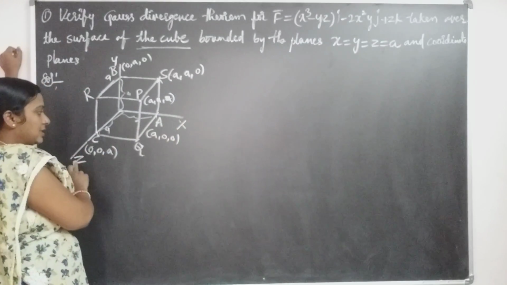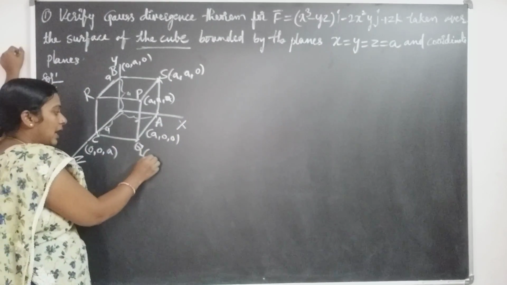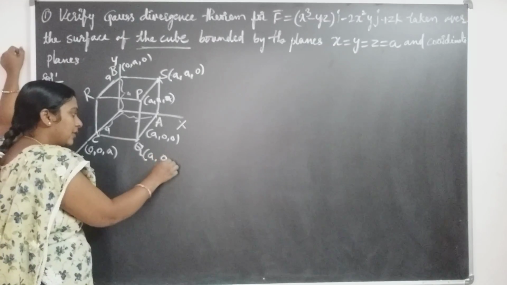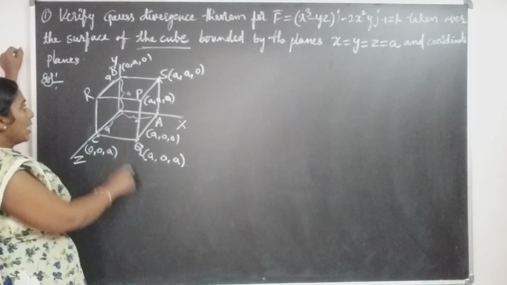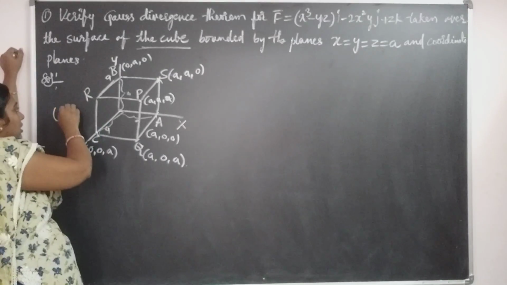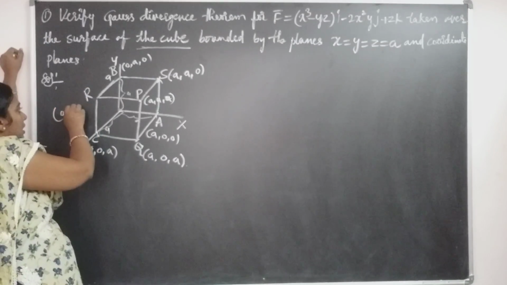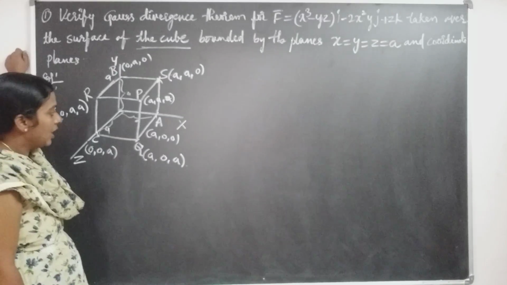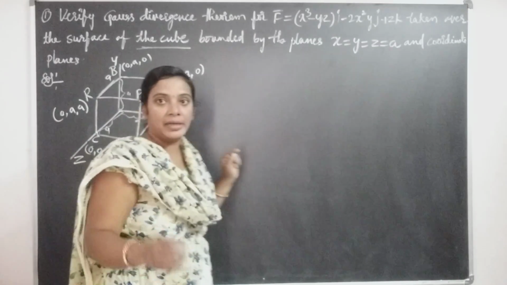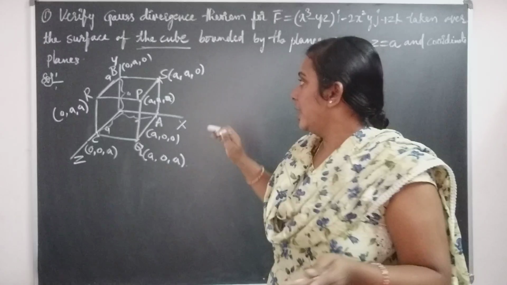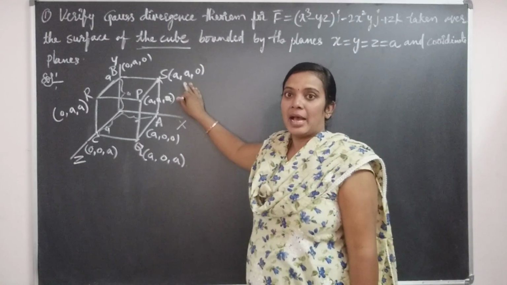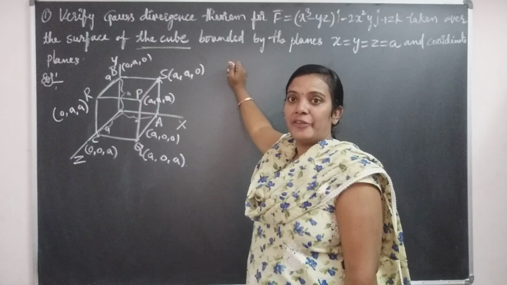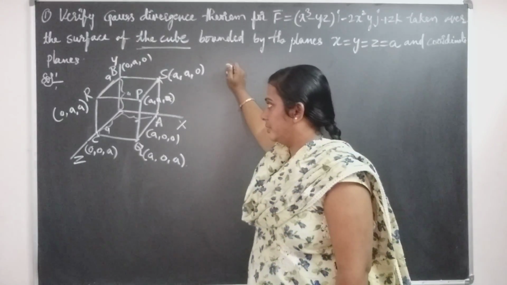Q is in the xz plane, so x and z coordinates are a, y is 0. R is in the yz plane, so x is 0, and y and z coordinates are a. If you draw this and assign the points, then it is easy to get the verification of the Gauss divergence theorem.